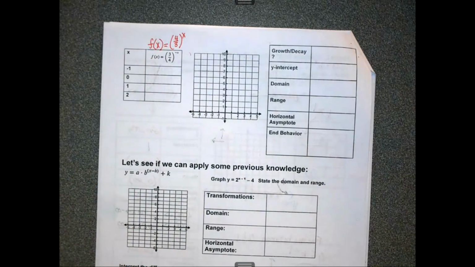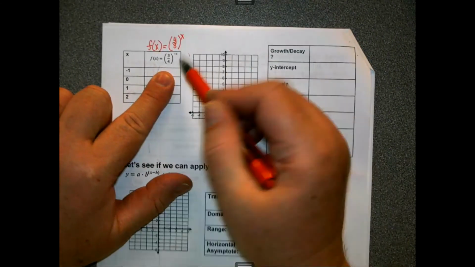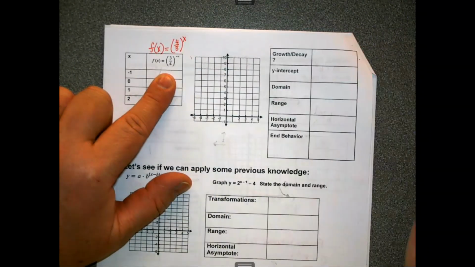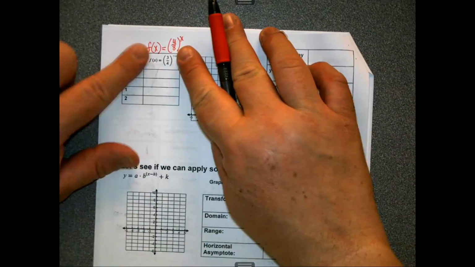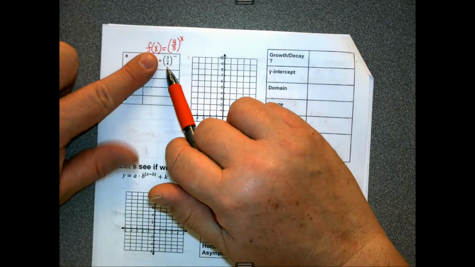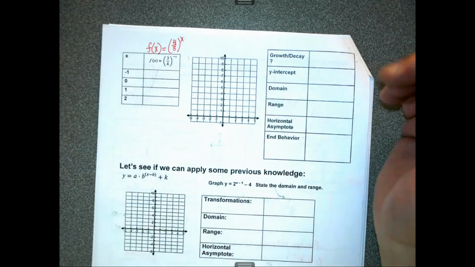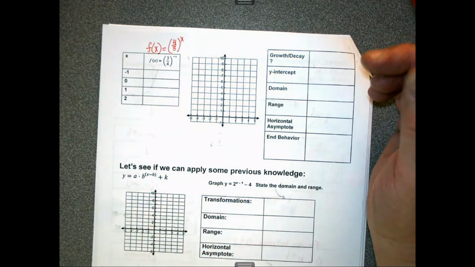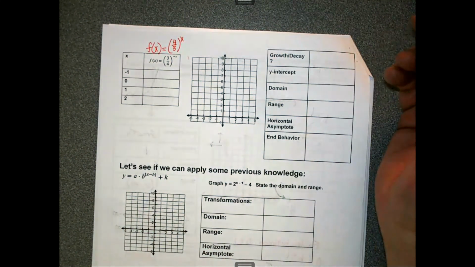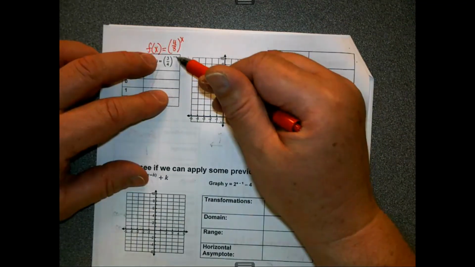But what I'm saying is a lot of students, because this is another quiz or test question, they'll say, hey, is this growth or decay? You look at it and you see that your B is a fraction between 0 and 1, so it must be decay. And it'll be wrong because it's to the negative exponent.